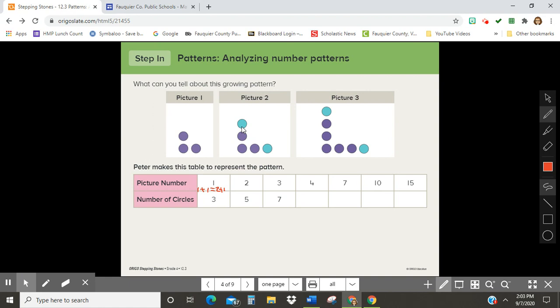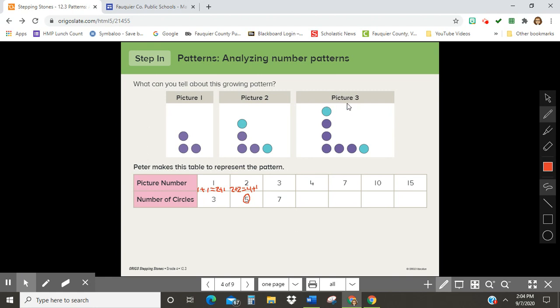If it's double 2, it should be 4 plus 1. 1, 2, 3, 4, plus 1. So it's double 2 plus 1 equals 5.